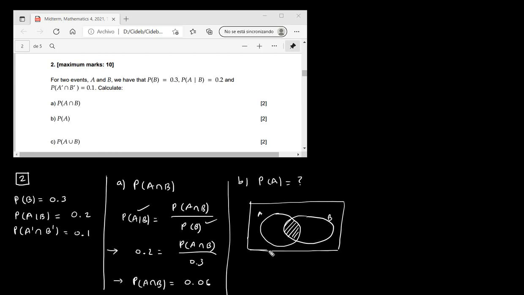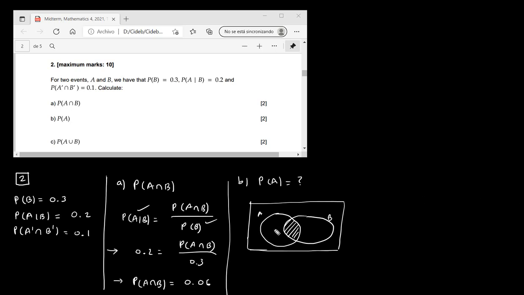Okay, this area is 0.06, this white area. And that's how you can reason by using the Venn diagram in terms of visual areas and intersections, and try to reason something out. Just listen how I'm gonna do this problem. So I know already this white part, which is 0.06.